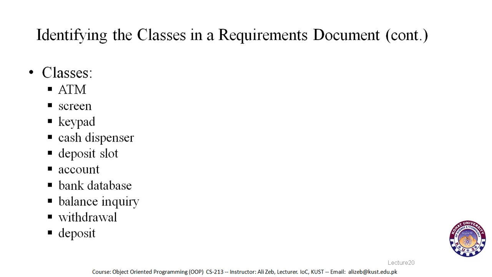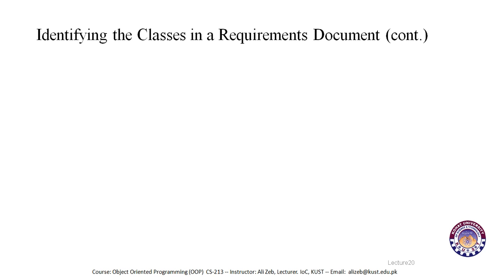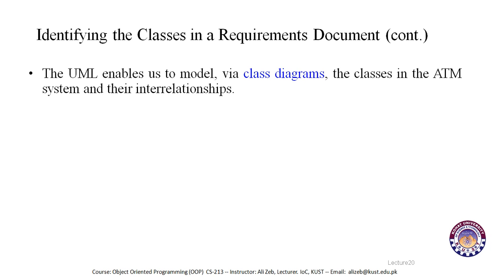And as we can see, these classes will have their own attributes and their own operations. How do we identify or model the attributes or the operations of our classes? Now, one way would be to pick up your laptop and start building the classes.